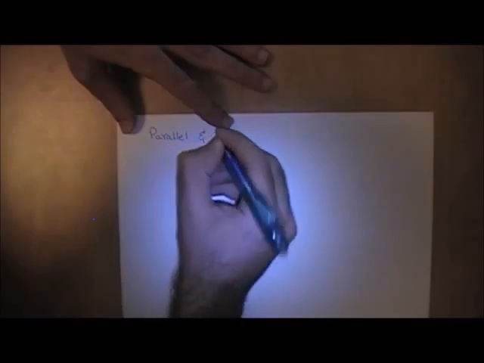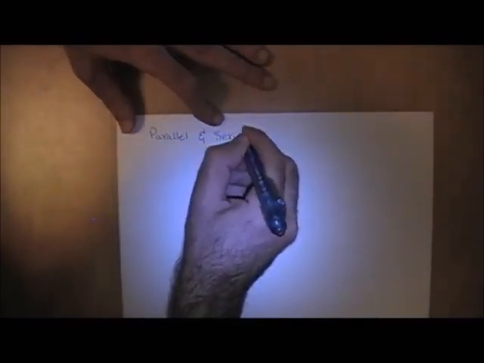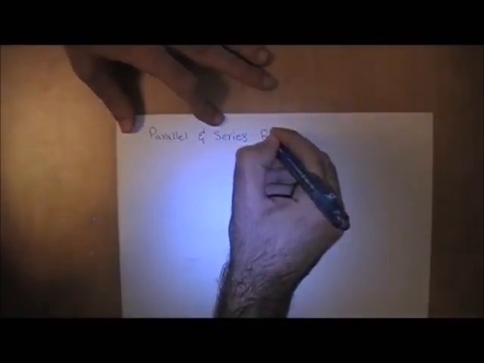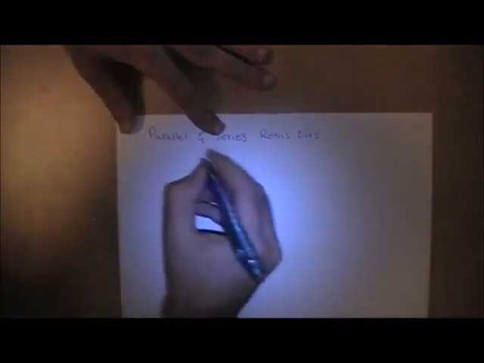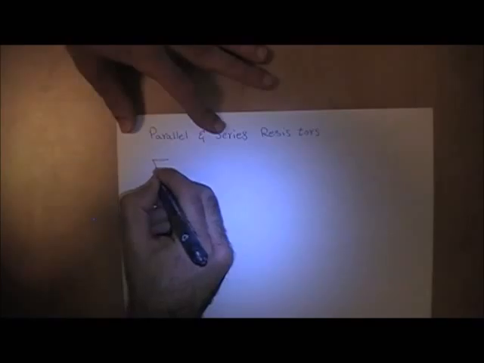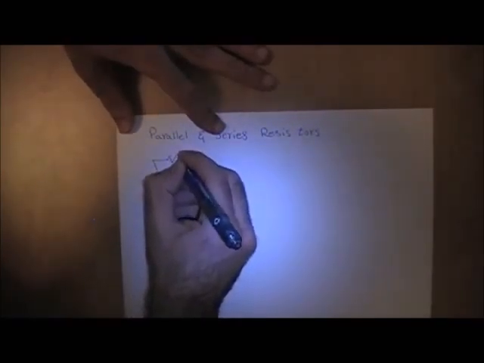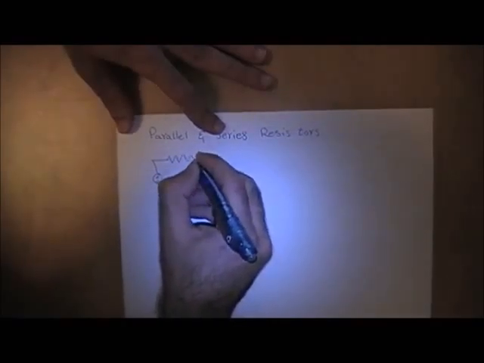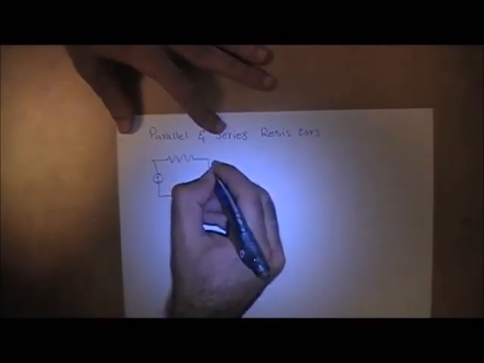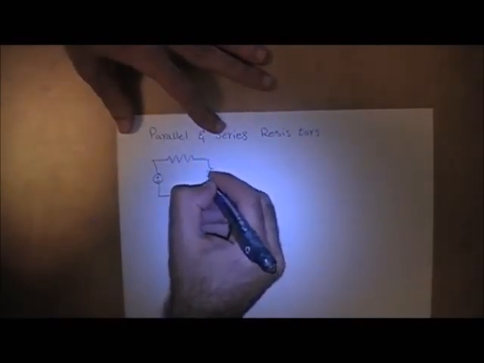So in this circuit, we're going to have parallel and series resistors combined. So like usual, we're going to draw our voltage source, and then I'm going to have one resistor right here, just like the series example, and then another resistor down here.